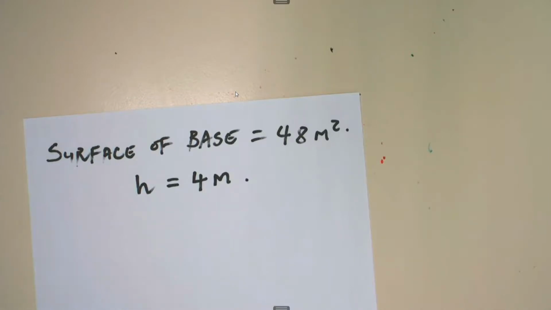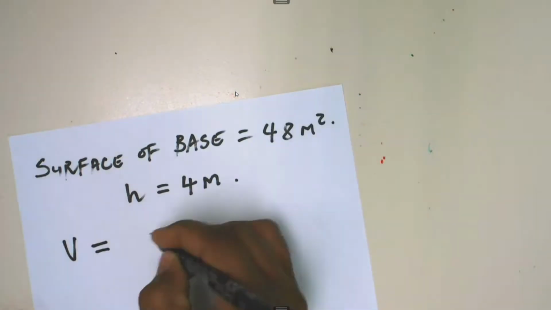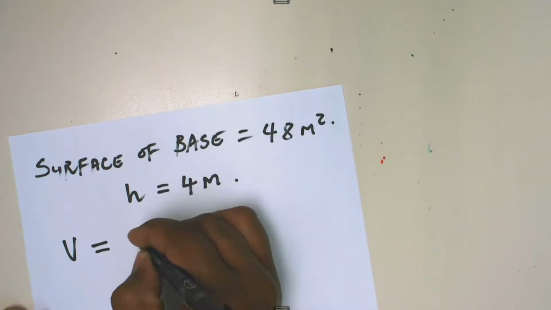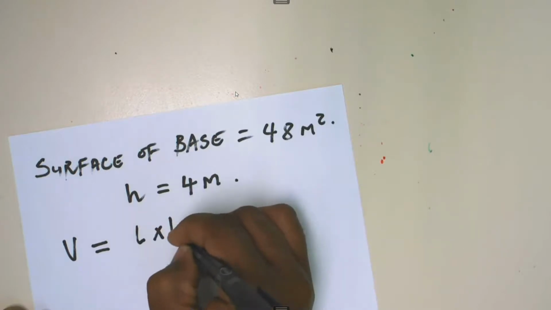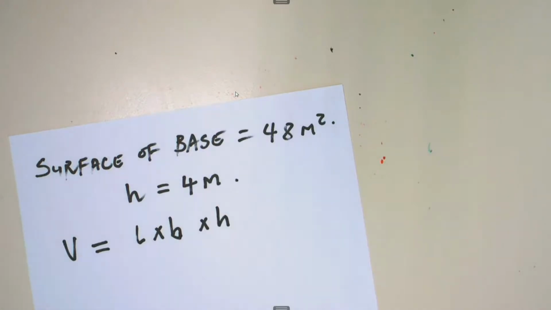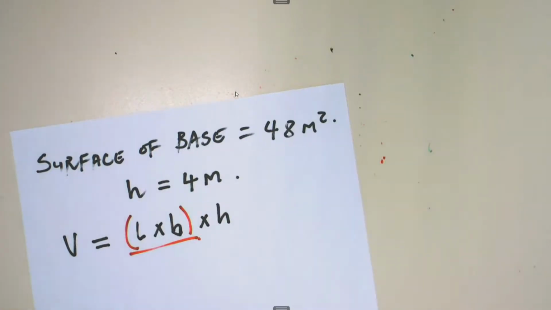First thing, put what you know on the paper. That is the formula that we have discovered. The volume is equal to the what? Area of the base, which is given by length multiplied by breadth, then multiplied by the height. But now already this one has already been done for us.